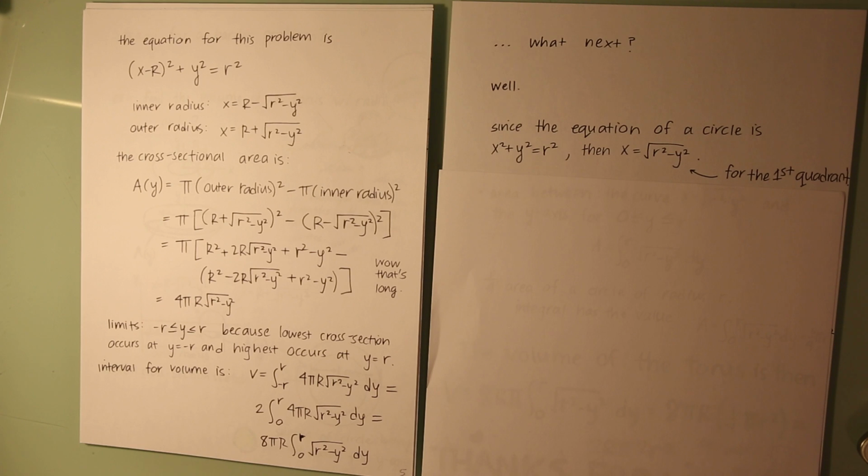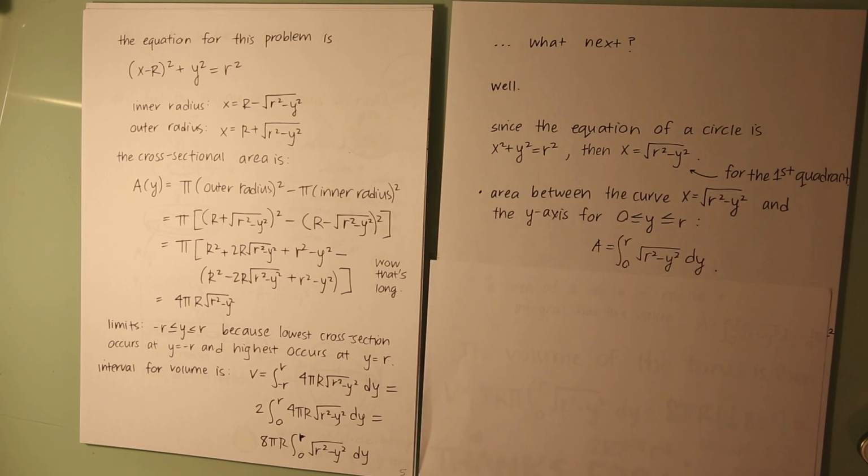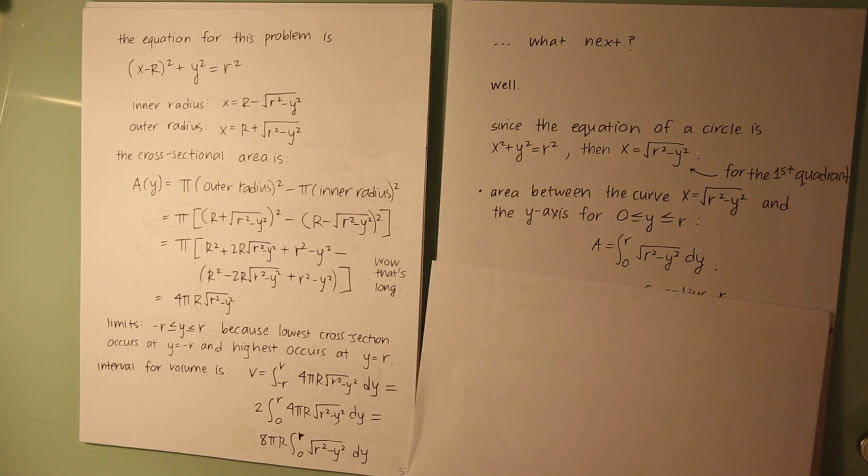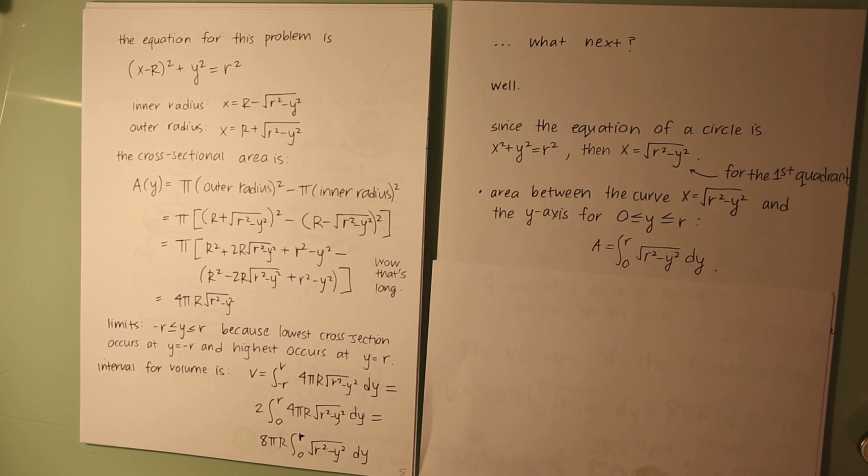If we want an integral for the area in the first quadrant, we can think of this area as the region between the curve x equals root r squared minus y squared and the y-axis for y going from 0 to r. And this is A equals the integral of root r squared minus y squared dy from 0 to r.